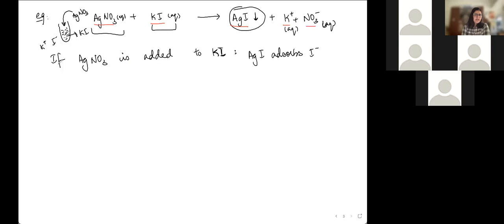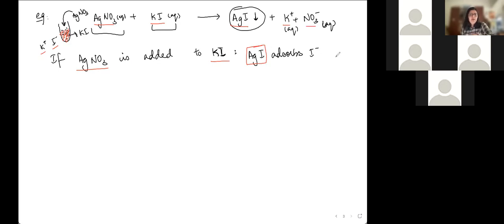Now in the first case, if silver nitrate is added to KI, you have a KI solution existing, and you're preparing this colloid in KI solution. AgI is the precipitate, so AgI forms the dispersed phase, dispersed throughout the solution. Among the ions present in the dispersed medium, you have K plus and I minus. Which is common with AgI? Iodide ions, I minus.